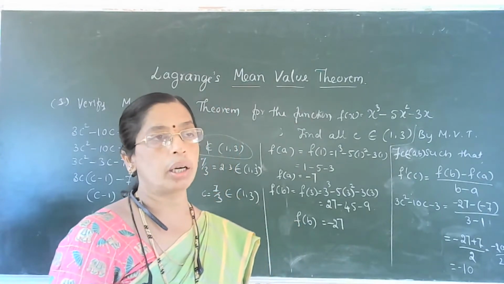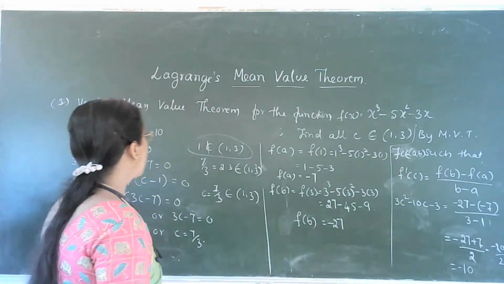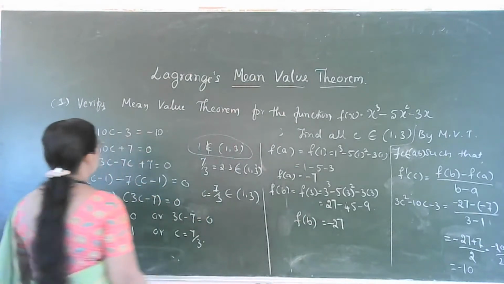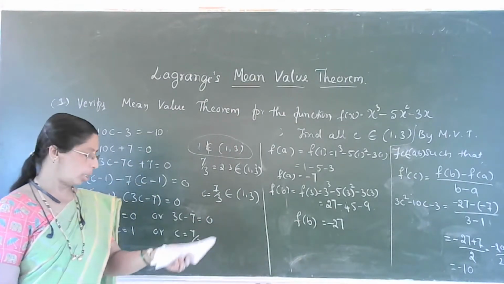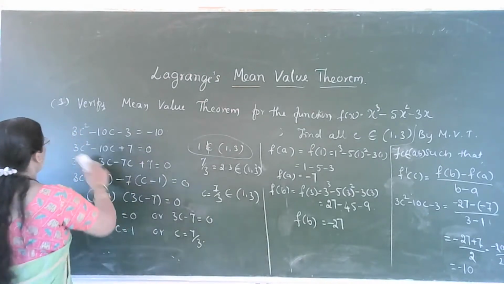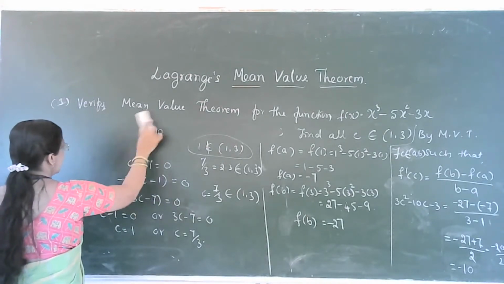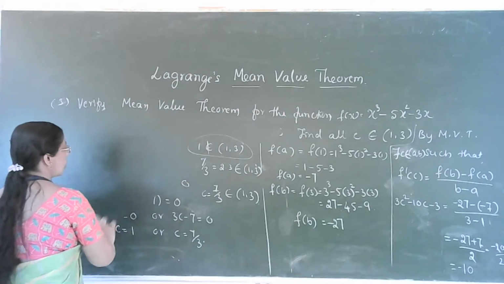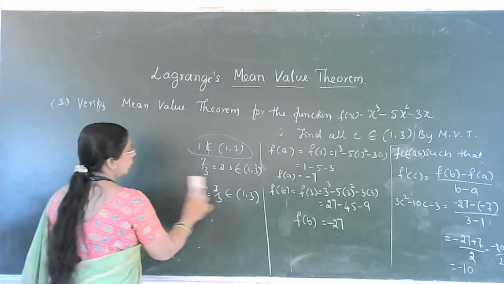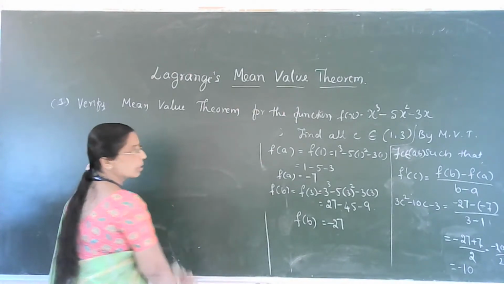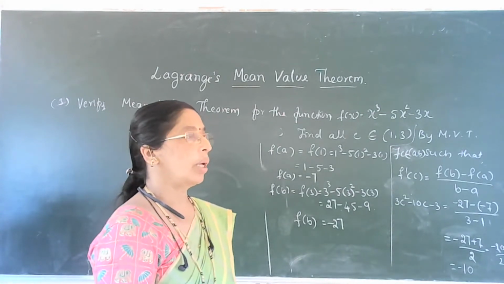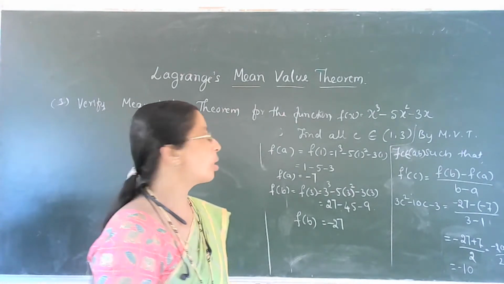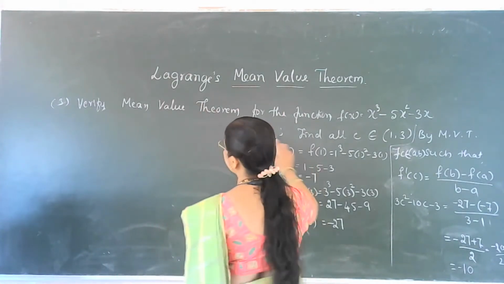You already know about the continuity of the function. Then the function is not continuous, so it does not satisfy the MVT conditions or Rolle's theorem conditions either. For greatest integer functions, Rolle's theorem and MVT theorem are not verified.